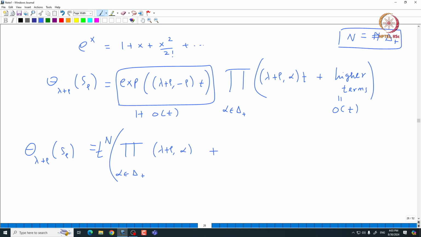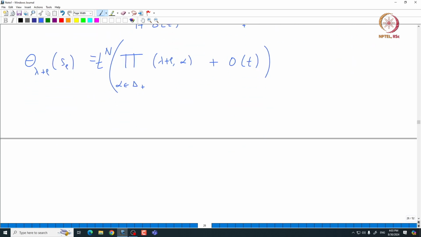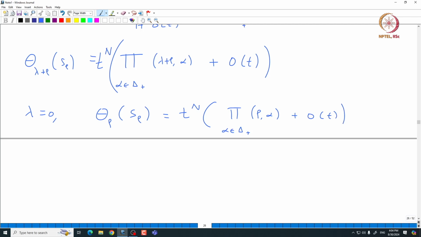So, this is t^n times the product ⟨λ+ρ, α⟩ plus this O(t). That is what you get. Similarly, if you put λ equal to 0, you can see that θ_ρ of S_ρ is exactly equal to t^n times the product ⟨ρ, α⟩, α in Δ⁺, plus O(t). This is what you get.